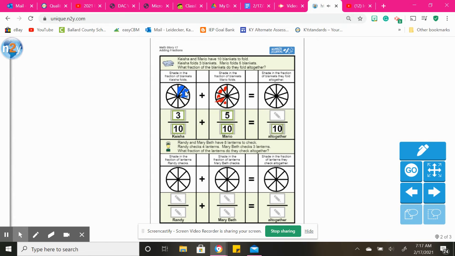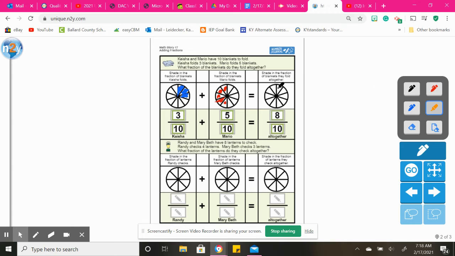So Keisha had 1, 2, 3, and Mario had 5. So 3, 4, 5, 6, 7, 8. And then it says shade in the fraction of the blankets they folded together. So Mario folded 5, so that's 1, 2, 3, 4, 5.